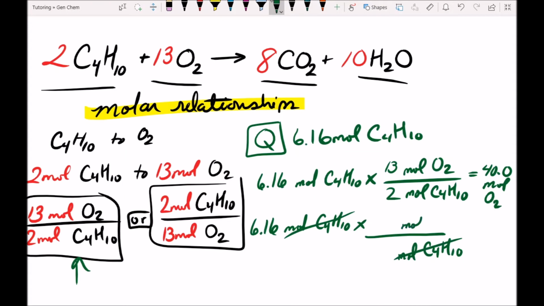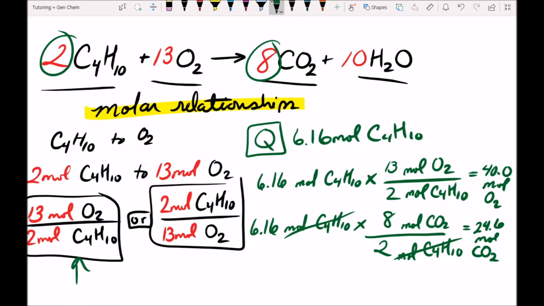And we want to get moles of CO2 produced. We know that 8 moles of CO2 are produced for 2 moles of butane reacted. That gives us 24.6 moles of CO2.